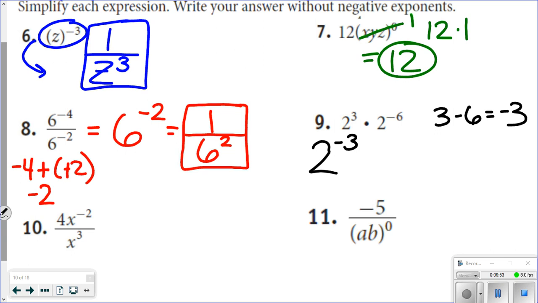But we cannot have negatives. So just like question 6 and 8, I need to make a fraction, move it to the denominator, turn it into a positive, and then put a 1 in the numerator as your placeholder. So 1 over 2 cubed. When we move it, we have to turn it into a positive.